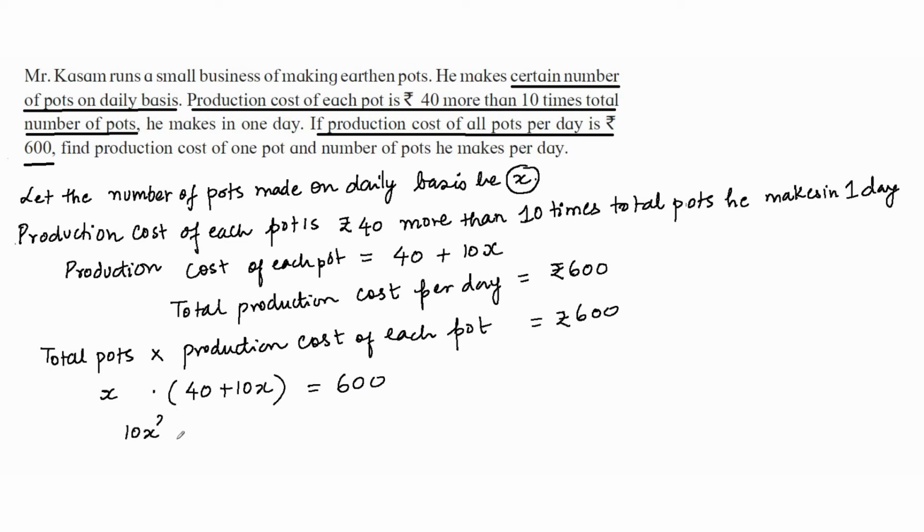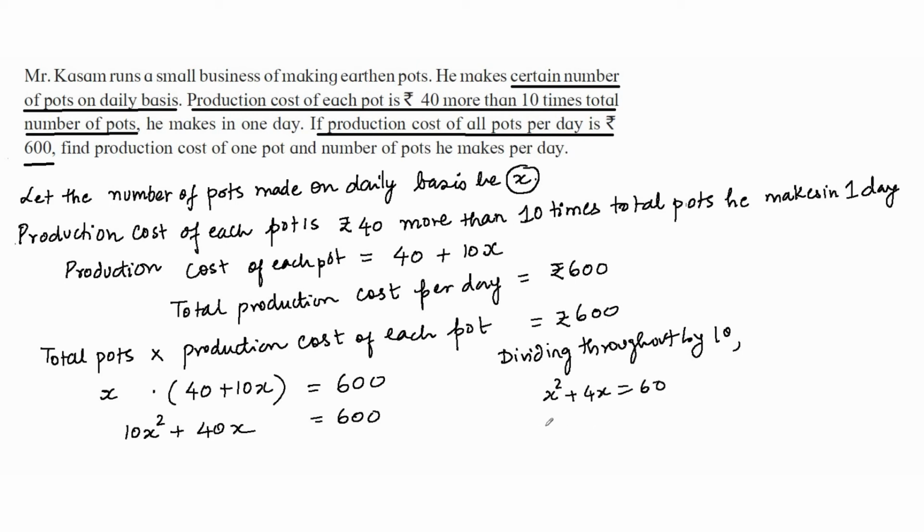So this becomes 10x square plus 40x is equal to 600. And I can divide throughout by 10. What I get is x square plus 4x is equal to 60, which means x square plus 4x minus 60 equals 0.